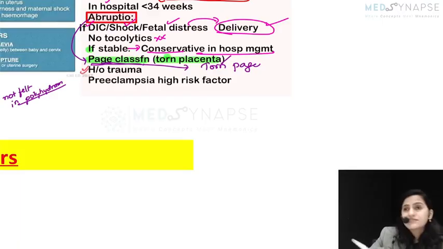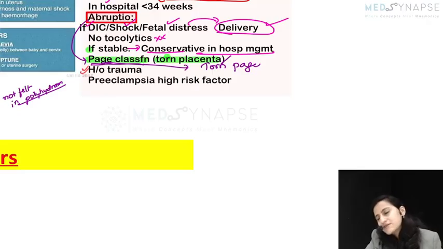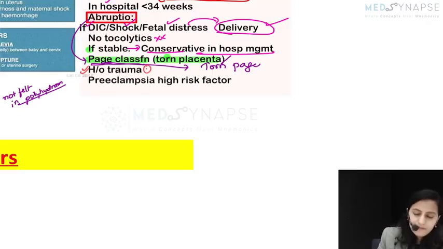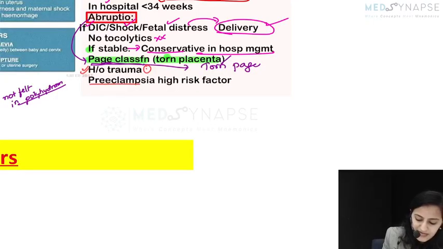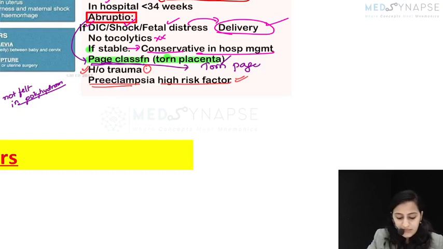What can cause this abruptio? The placental tearing, the placental separation, trauma. So history of trauma is commonly given in a case of abruptio. And remember that preeclampsia is a high risk factor for abruptio. It is not protective, it is high risk factor for abruptio.